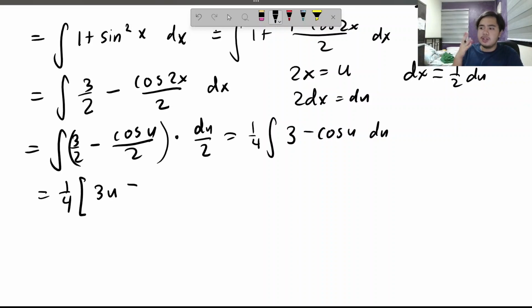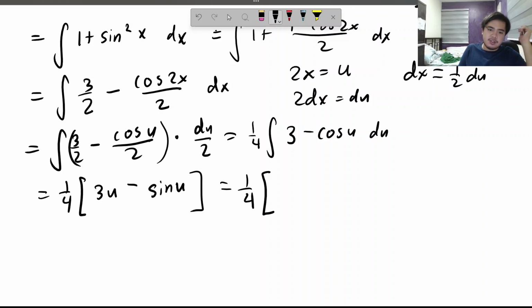Is it true? What is the derivative of sine u? It is cosine u. So that's fine. So sine u, it's just positive. There you go. Now let's go back to the x world. From u, we go to x. 1/4 here, then 3 times u is 2x, so this becomes 2x, and minus sine, and u becomes 2x here.